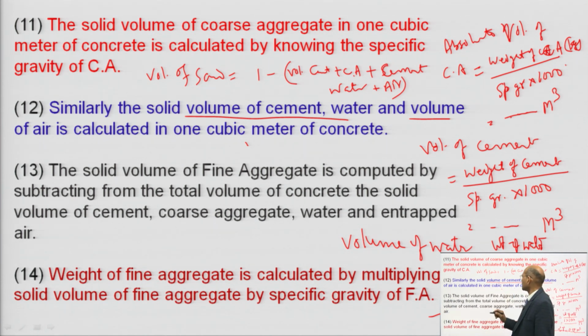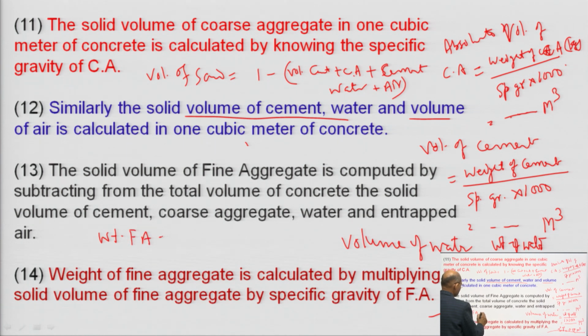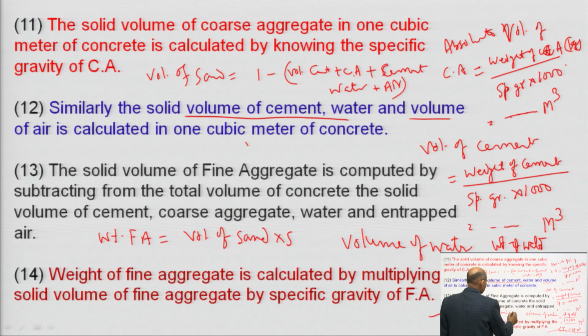So, you get the volume of sand. Once you know the volume, you can get the weight. The weight of fine aggregate equals the absolute volume of fine aggregate times specific gravity times 1000. So, that much kilogram of fine aggregate you can get.